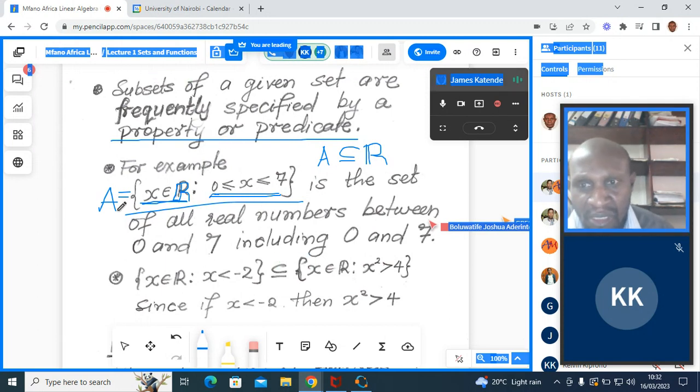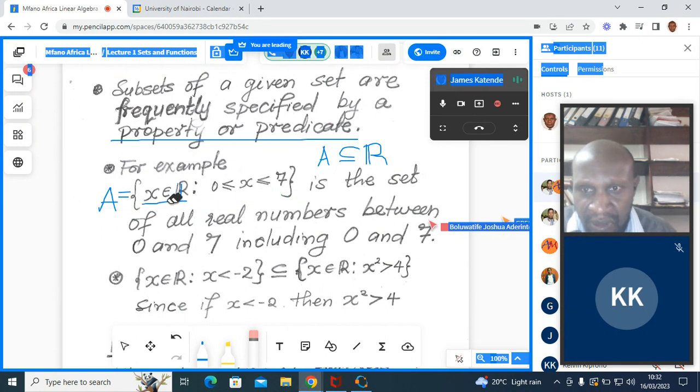So sometimes this becomes sufficient, or more efficient, in specifying your set, because by just looking at the property, you're quickly able to tell if an element is in the set or not in the set. Again, like I said, if there's anything that needs repetition, let us know.